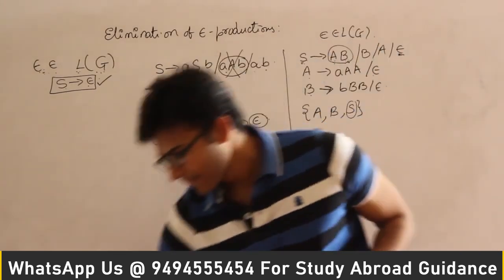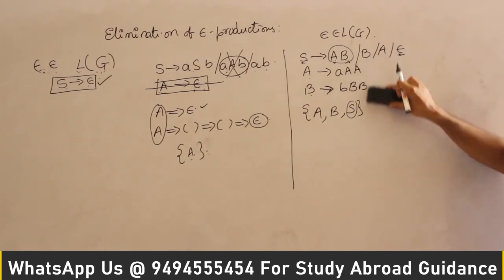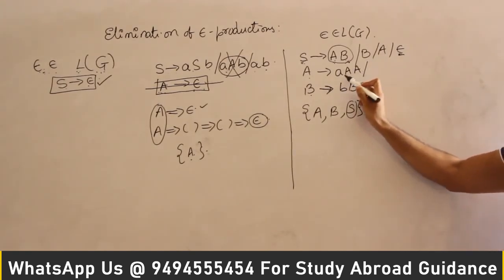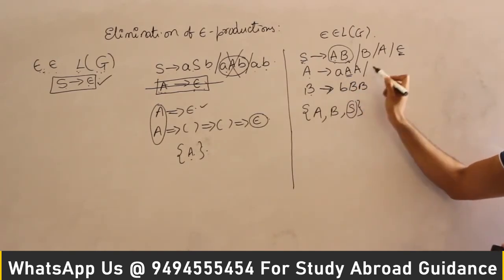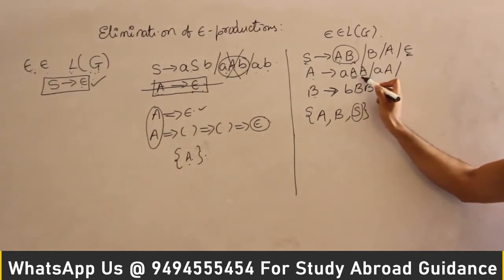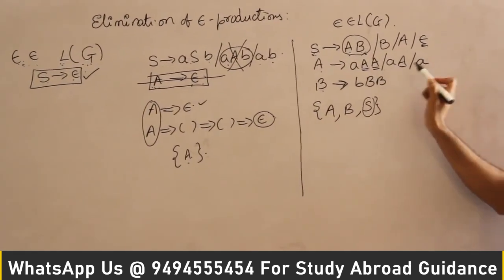So then these need not be there. Now go to every right hand side and write it with it and without it. See this? Now since A is nullable, write it with A as well as without A, which means I get AA, and write it without A as well as with A, which means I get small a, right?